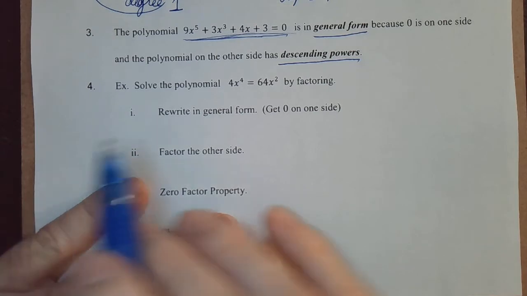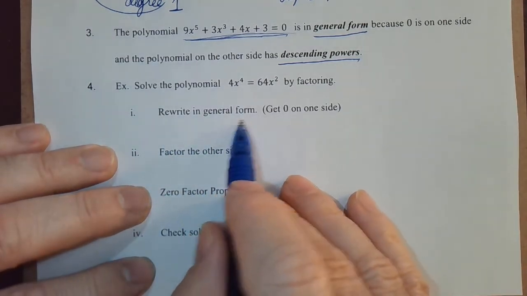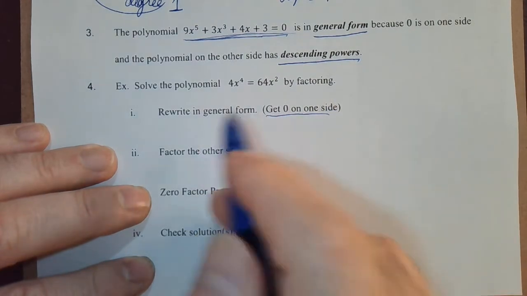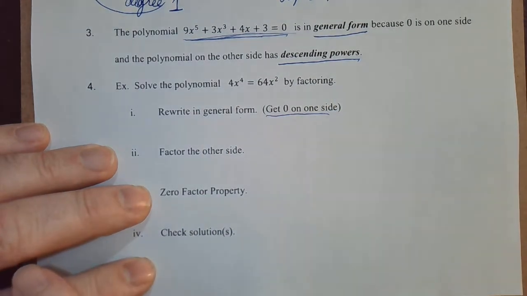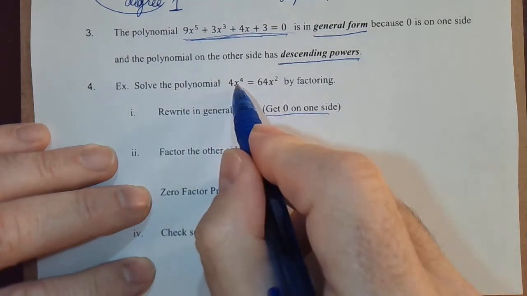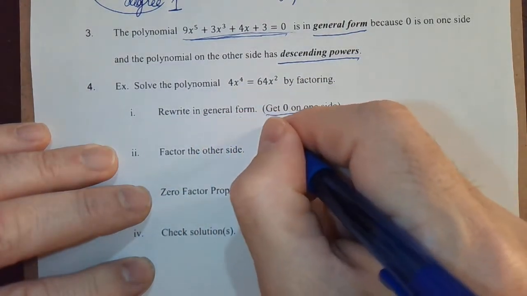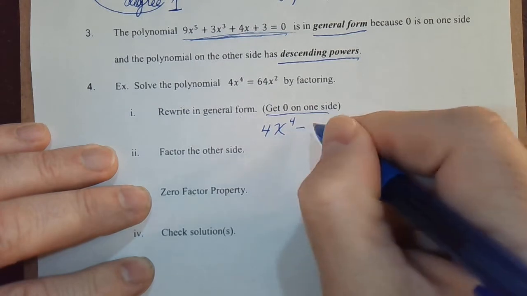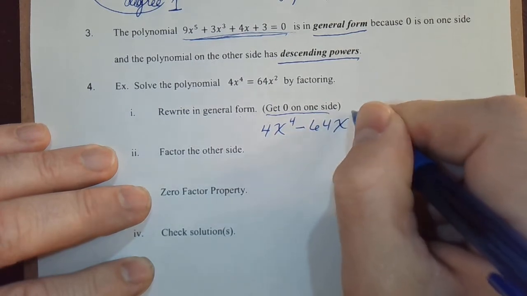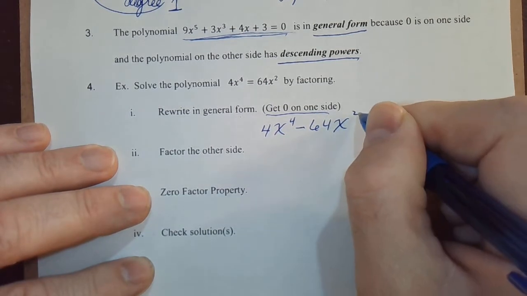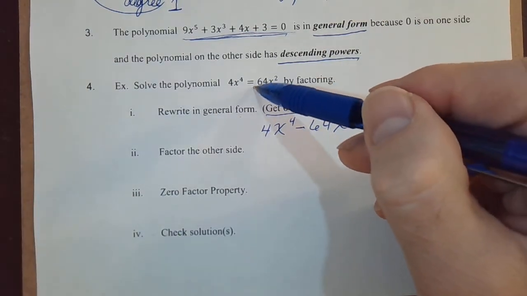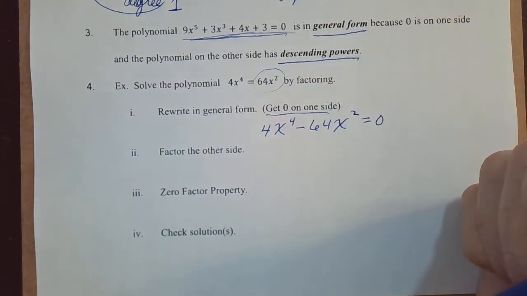We're going to first, step number 1, rewrite it in general form, which as a reminder means get 0 on one side and then put the exponents in descending order. So I'm going to keep the 4x to the fourth. I'm going to do minus 64x squared equals 0. So to get 0 on one side, I just subtracted this from both sides of the equation.